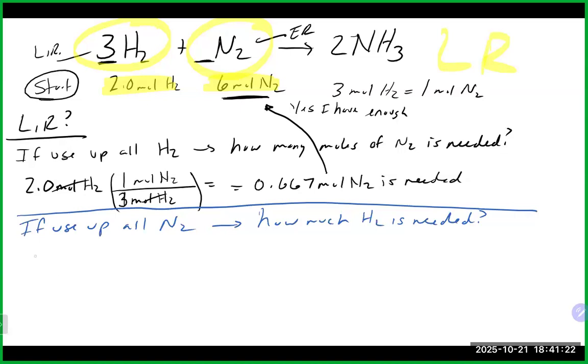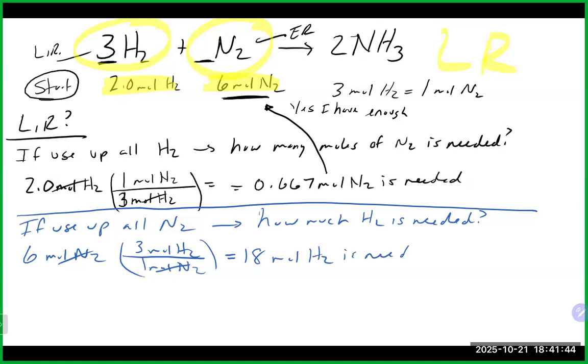If I did it this way, I would start with my N2, which is 6 moles. I would use my same mole-to-mole relationship flipped. 1 mole of N2 gives me 3 moles of H2. Moles of N2 cancel and tells me I would need 18 moles of H2.